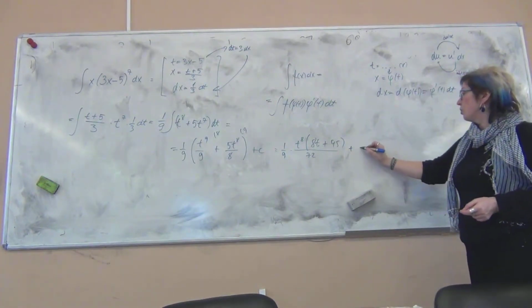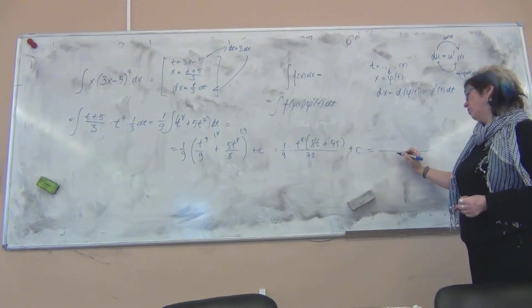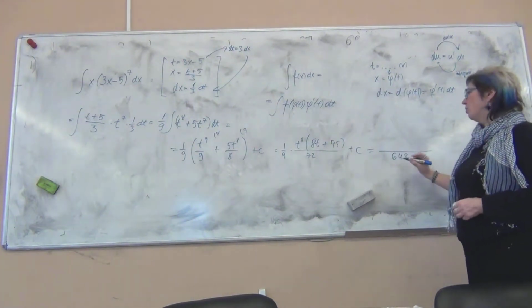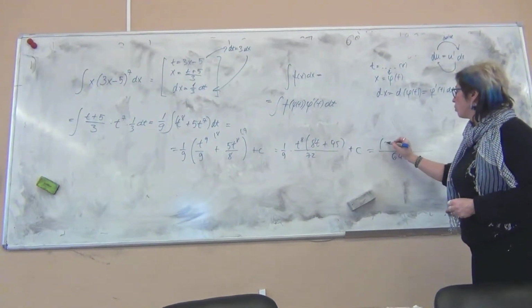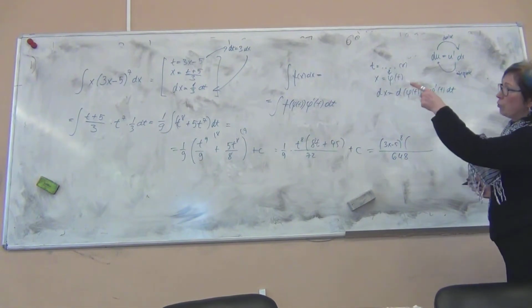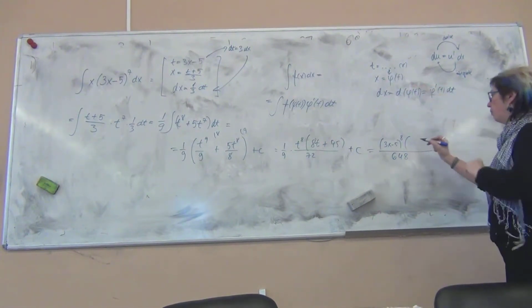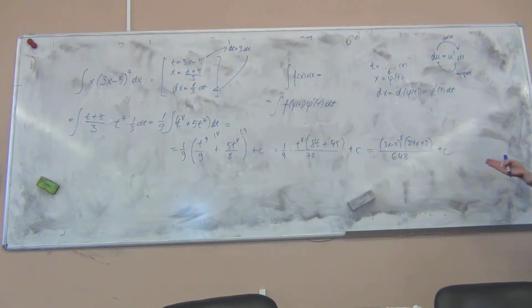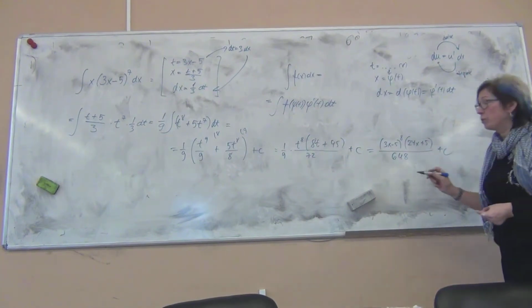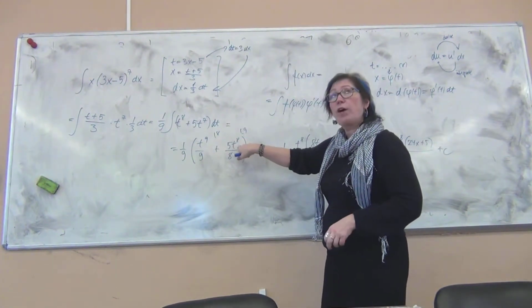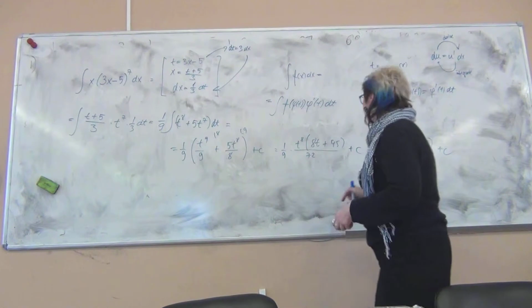As it is, of course, I have to write 648 t to the 8th, so (3x minus 5) to the 8th power times (8t is 24x minus 40 plus 45, so it's 24x plus 5) plus c. So it's possible to simplify it to this form, but as I said, I will accept this (3x minus 5) to the 9th, (3x minus 5) to the 8th instead of this. So it doesn't really matter.